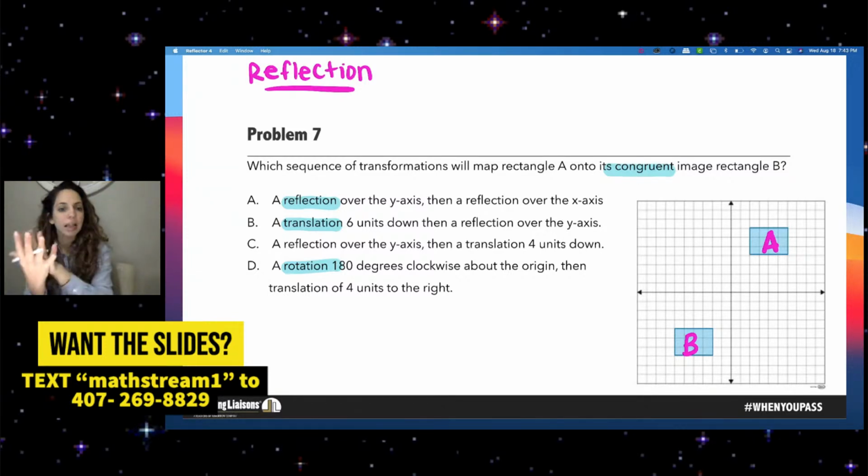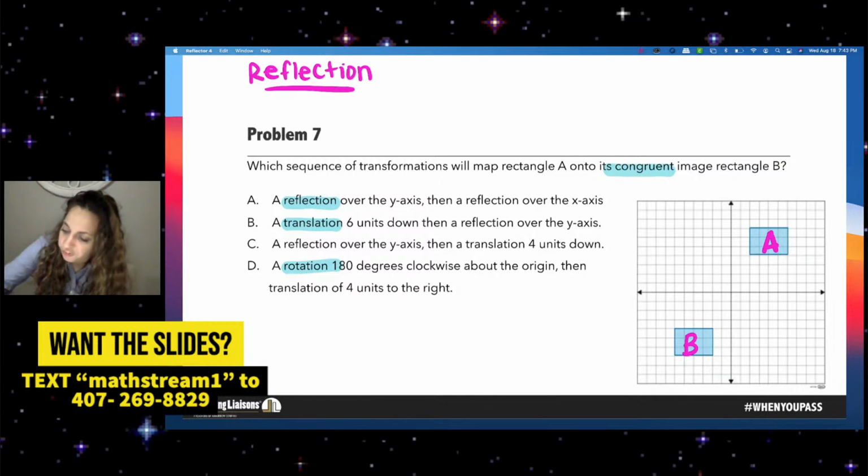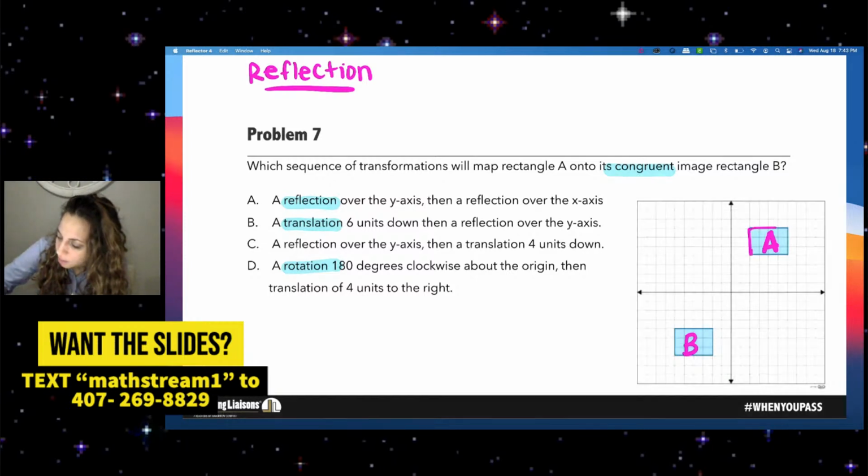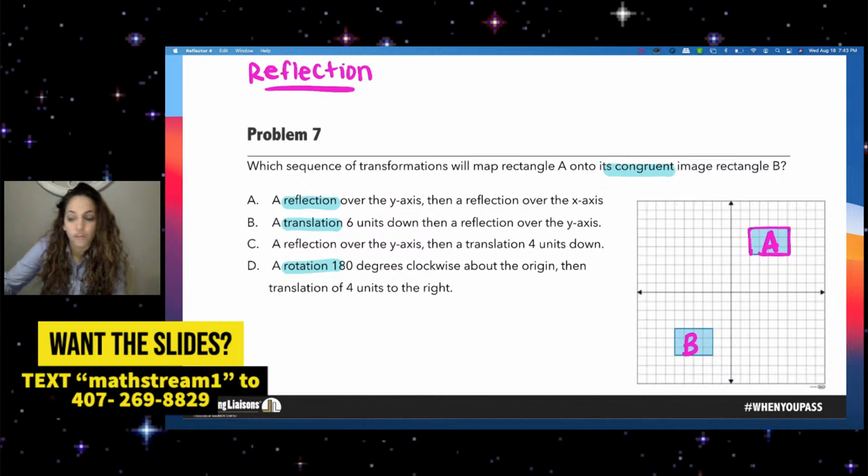All right, a reflection I like to think of as a mirror. So if I'm looking in a mirror, I'm as far away from the mirror as the mirror thinks I am. So if I'm reflecting this image A, and let's just reflect it over the x-axis first, where this is the x-axis and this is the y-axis.